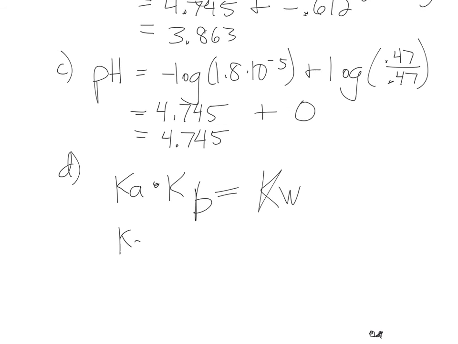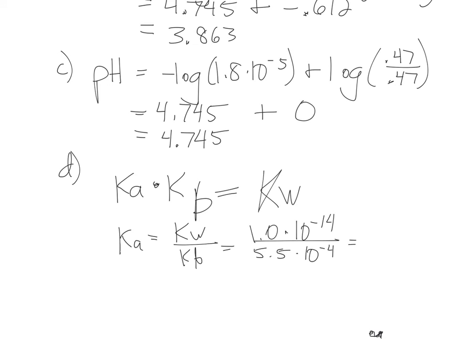So the Ka would be equal to the value of Kw over the Kb that they gave us, or they didn't give us, but we had to look up. And if you remember, Kw is always 1 times 10 to the negative 14th, and the Kb of this base is 5.5 times 10 to the negative 4th. So when you divide that out, it's 1.8 times 10 to the negative 11th.